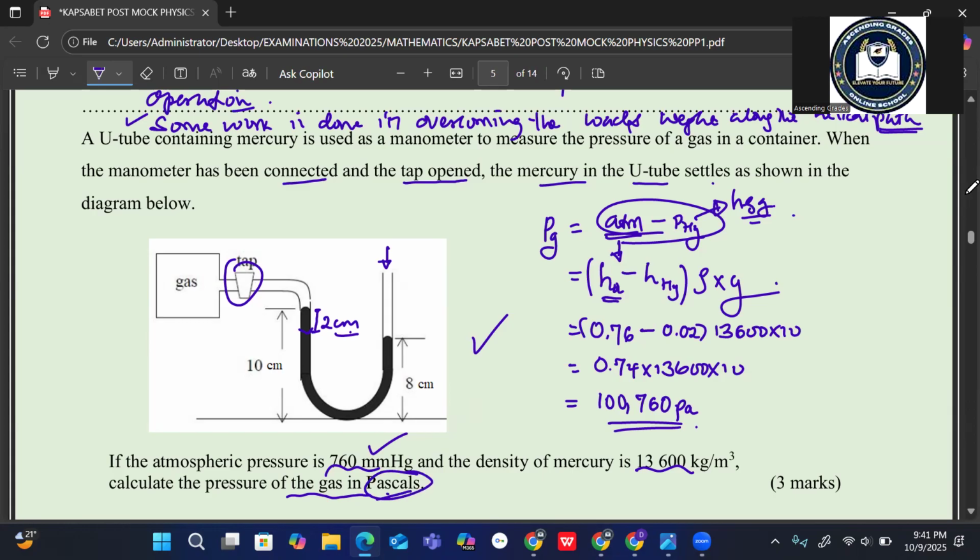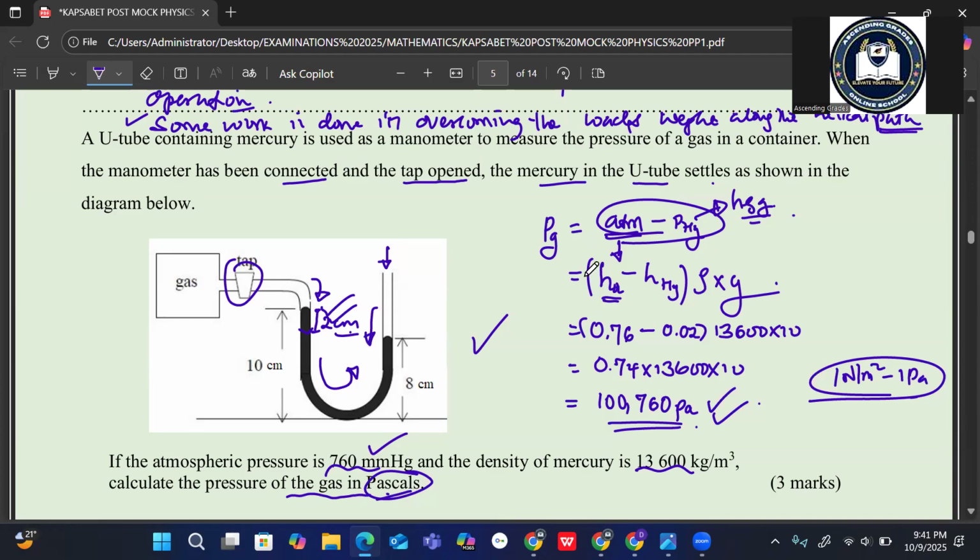Remember, 1 newton per meter squared is equivalent to 1 pascal. So we go by this way: atmospheric pressure, but we have some mercury column that is acting against. Since this one is pushing down, it is working against the atmospheric pressure.